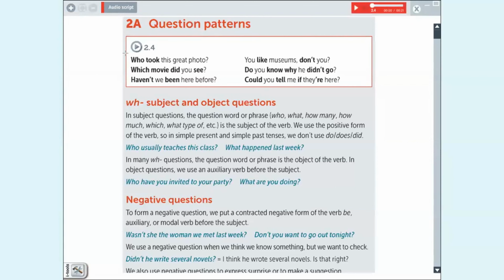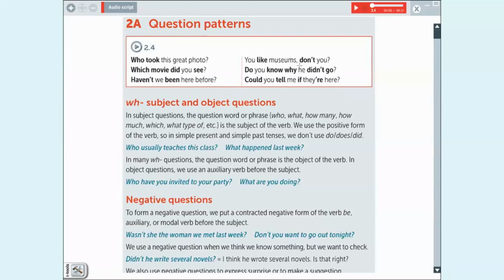Cindy, what can you notice? What differences can you find? Well, the difference is that, for example, the first group is with W questions and negative questions, and the other group is like a question with a complement.